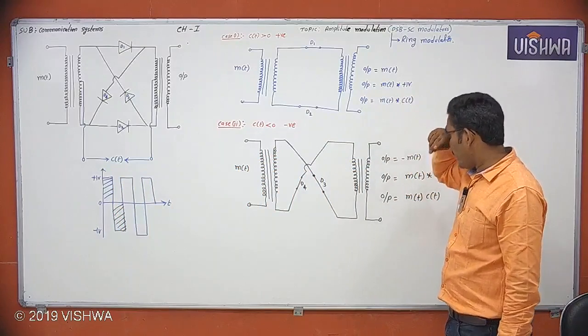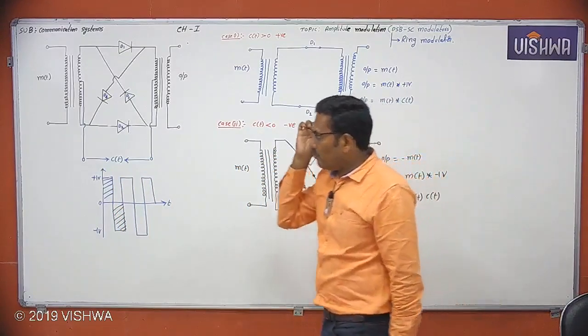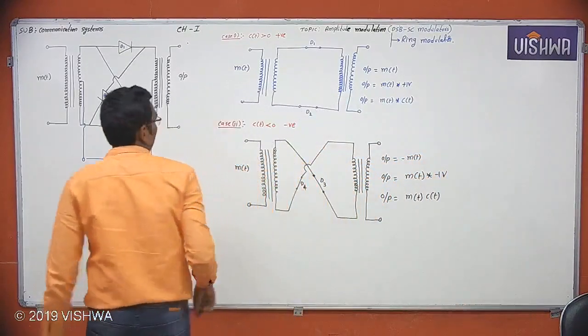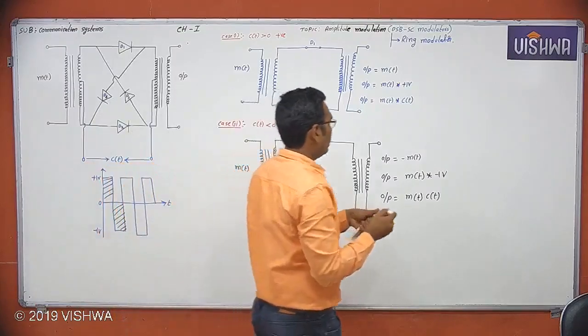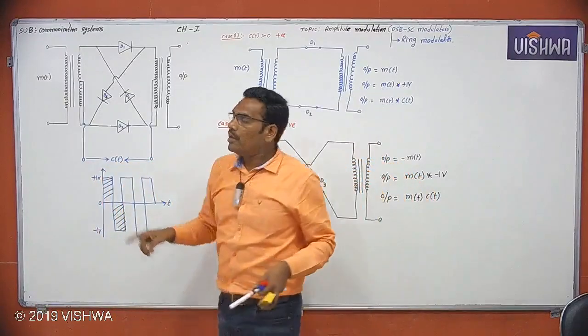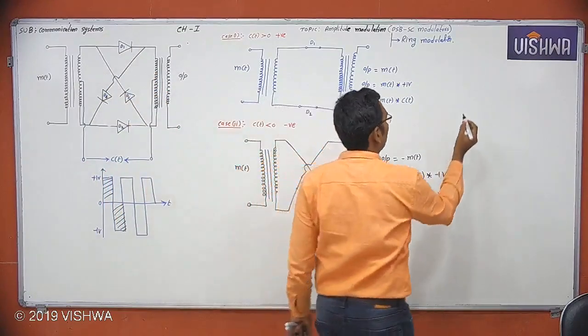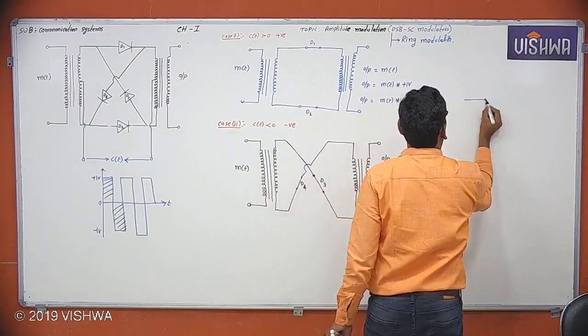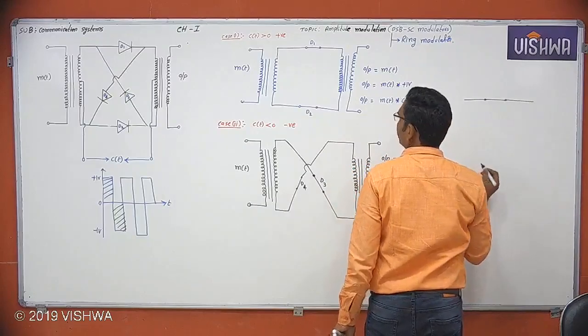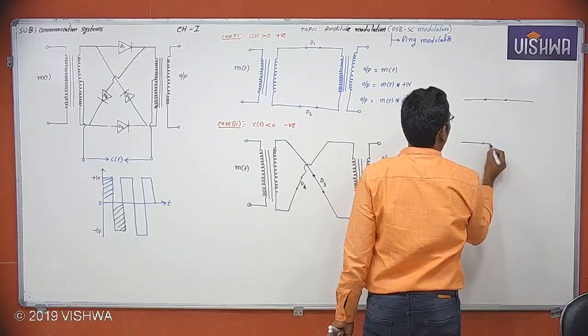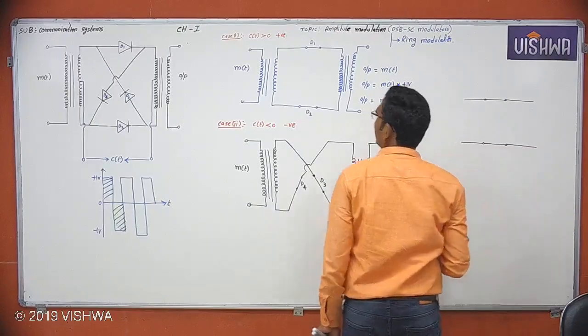Now this is a ring modulator, and students are asking why this is a ring modulator. Now why is this a ring modulator? Now see here. Let us assume all these diodes are in on condition. So if all these diodes are in on condition, now see here. This is on, right? This is on, right?